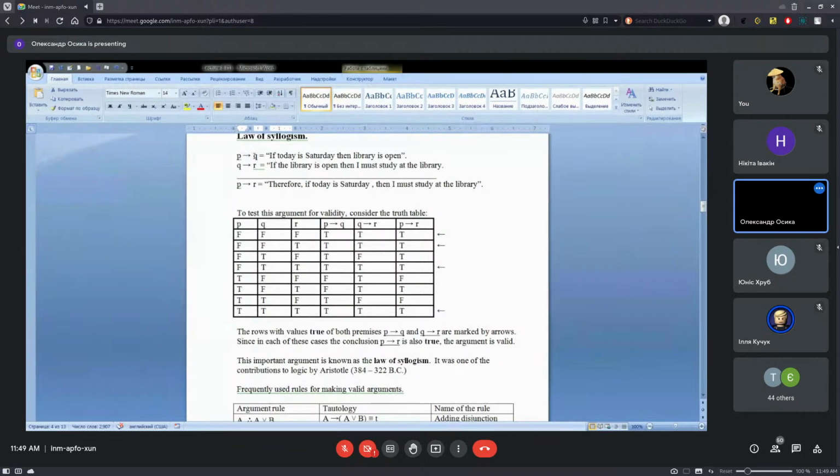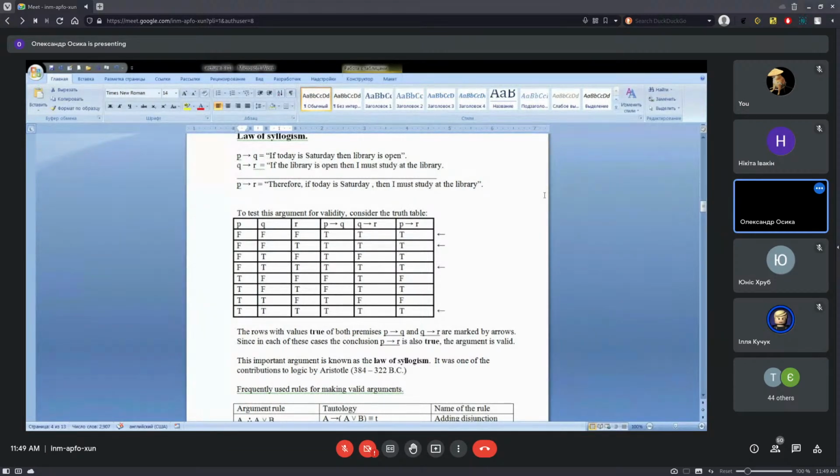P implies Q. Example of a statement with this pattern: if today is Saturday, then the library is open. Q implies R: if the library is open, then I must study at the library.